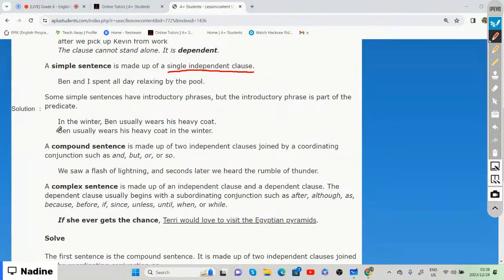Or we can just say "Ben usually wears his heavy coat in the winter," right? But still, this is a simple sentence. It is a single independent clause that can stand alone. It expresses a complete thought. It has both a subject as well as a predicate.